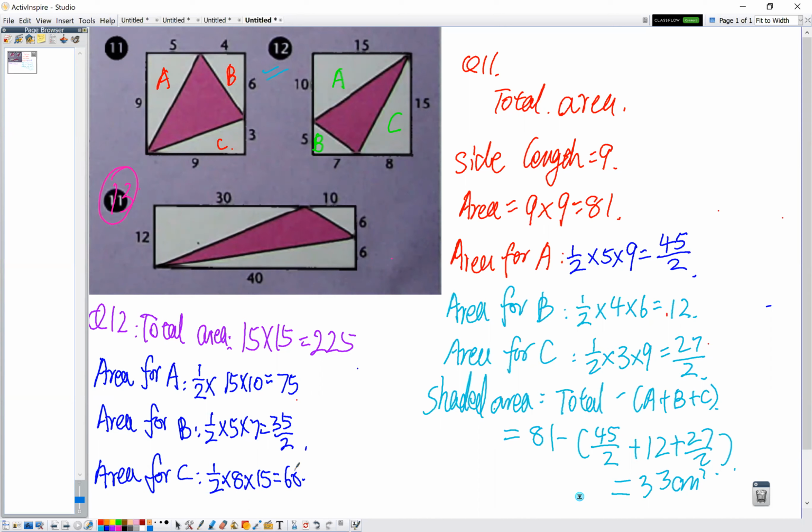So in this case, we can find the total of the parts. A plus B plus C is 75 plus 60 plus 35 over 2. And then you can work this out. This is 135 plus 17.5. So you can get this to become 152.5 centimeters squared. Bear this in mind.